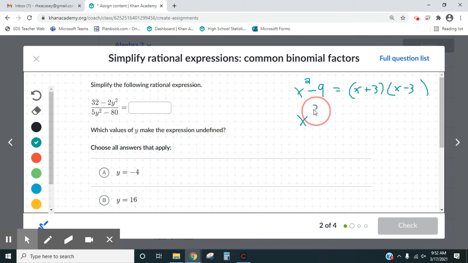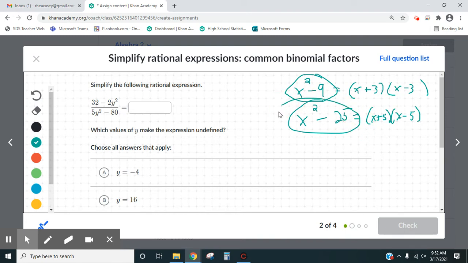How would I factor something like this, if it is like 25? X plus 5 and X minus 5. Awesome. Very good. So when you have two things like this, where it's not a trinomial anymore, you can still factor it if it's x squared minus something. It's called a difference of squares. And those factors are the opposites of each other, right?